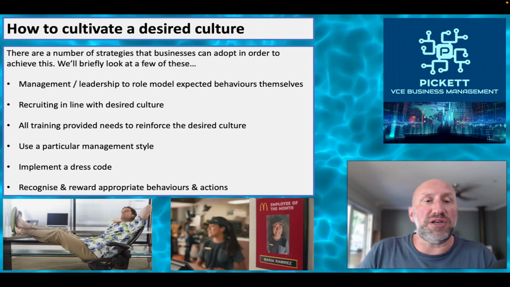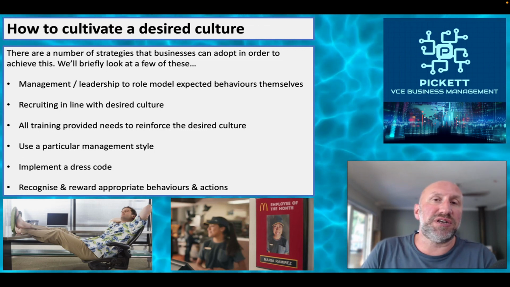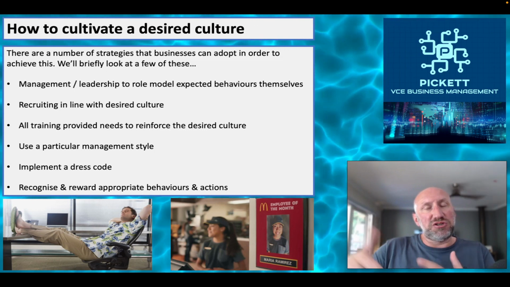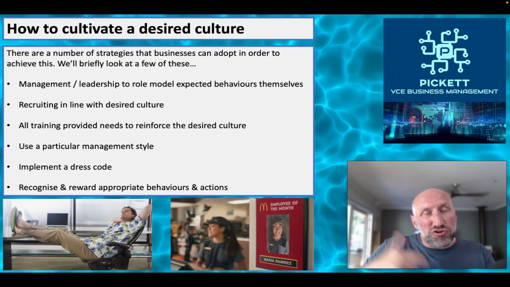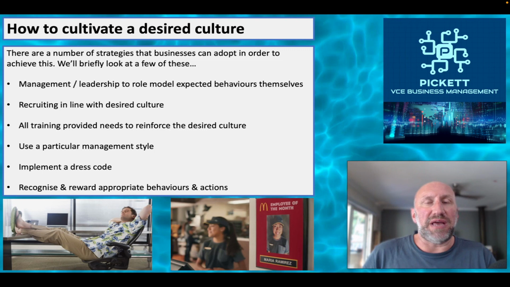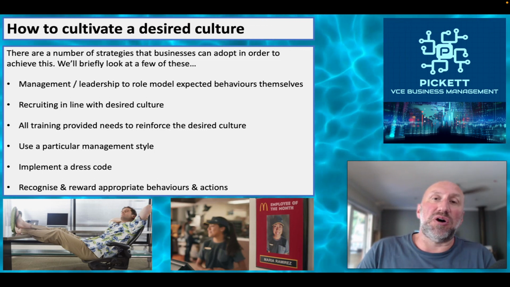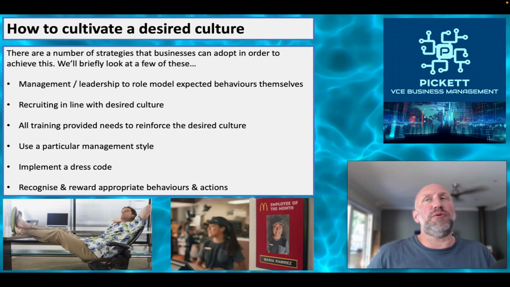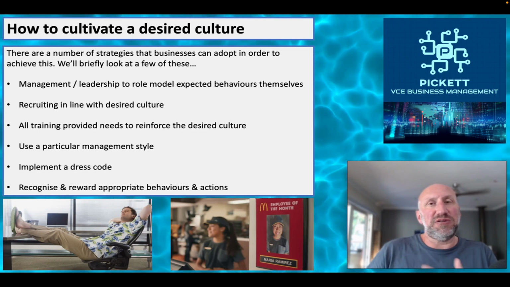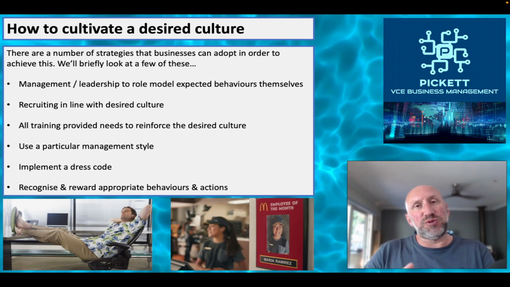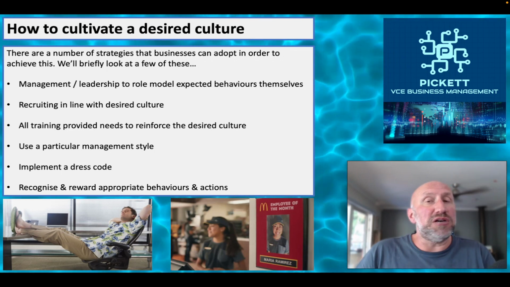All the training that you do needs to reinforce the desired culture. So any culture that you're trying to create, to cultivate, any training you do needs to back that up. The management style. So again, if you're really all about the people, you probably need to be using more people-focused management styles. A dress code.